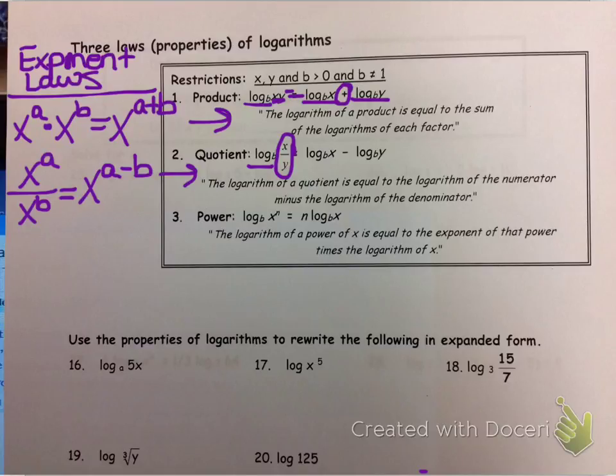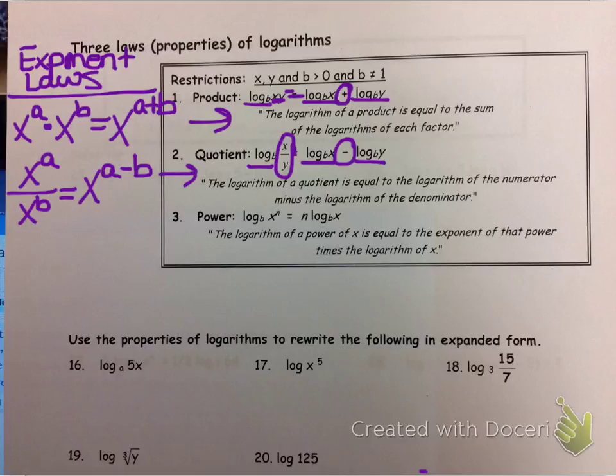And so what this law says is find the exponent for the top, find the exponent for the bottom, and then take those two exponents and subtract them. So I understand that it's a completely different form, and you may not understand the log form of that law, but just recite to yourself that division results in subtraction.